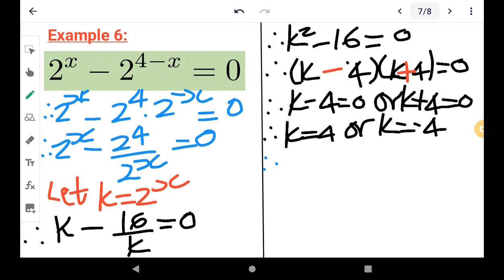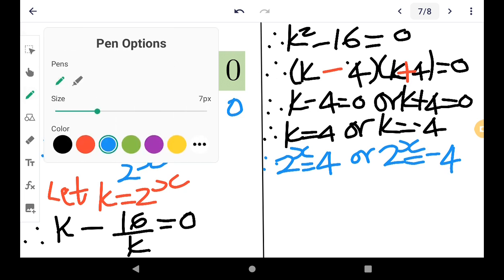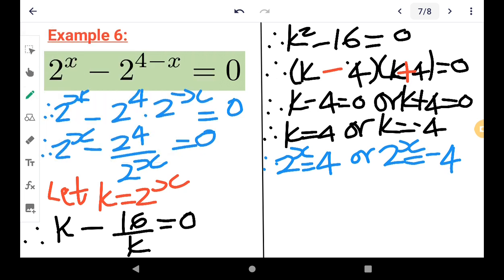Therefore, 2 to the power of x equals 4, or 2 to the power of x equals negative 4. Notice that there is no way 2 to the power of x can be negative 4. So that is invalid.